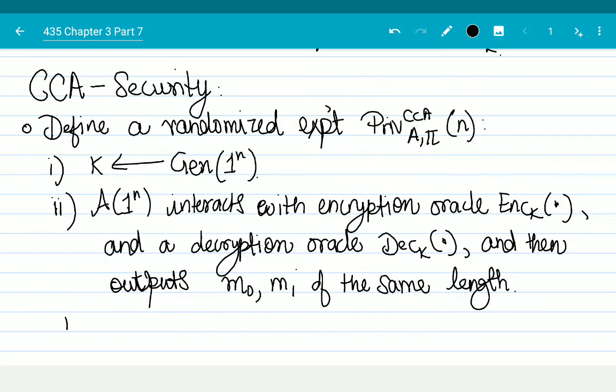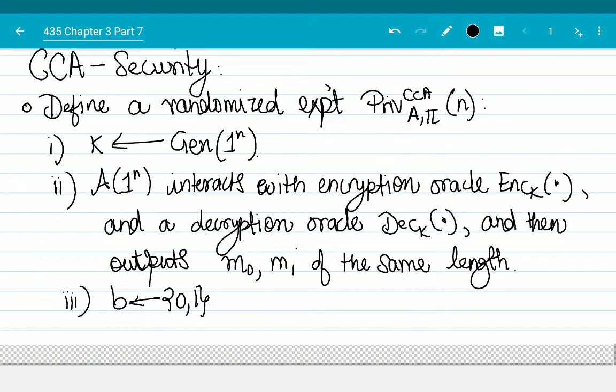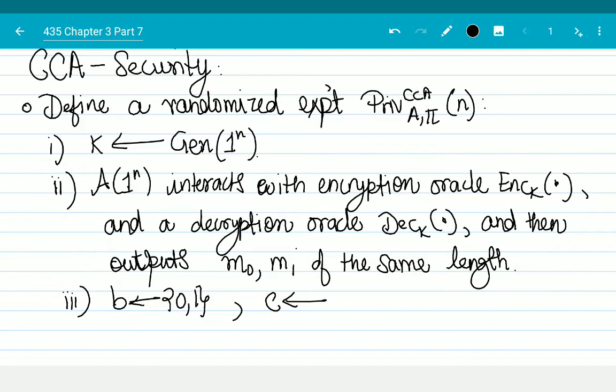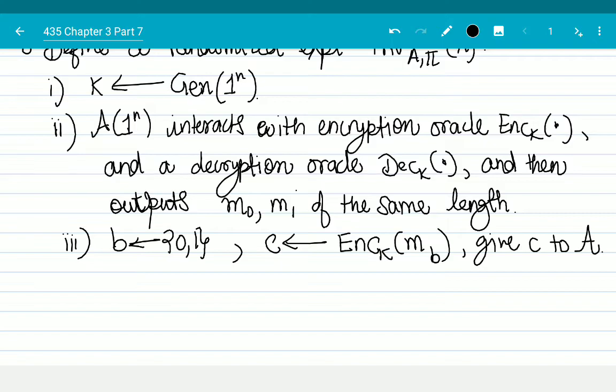Step 3, choose a uniform b, encrypt one of the messages M_b using your encryption oracle, and give c to A. Stage 4, all this while, and even after the challenge ciphertext, A can continue to interact with both Enc_k and Dec_k.